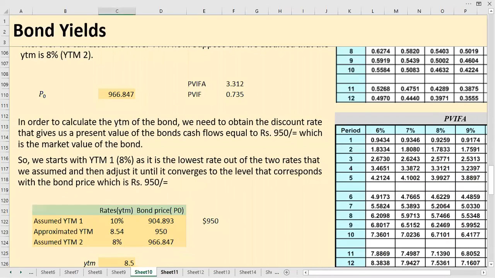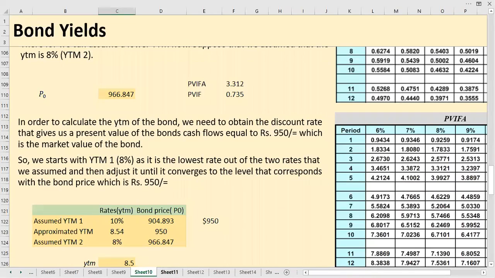Now, we have already talked about bond yields, and we talked about the calculation of the bond value, and we identified the risk associated with the bond, which we call interest rate risk. Then we explained what will happen to the bond price when the maturity period changes and when the required rate of return changes.